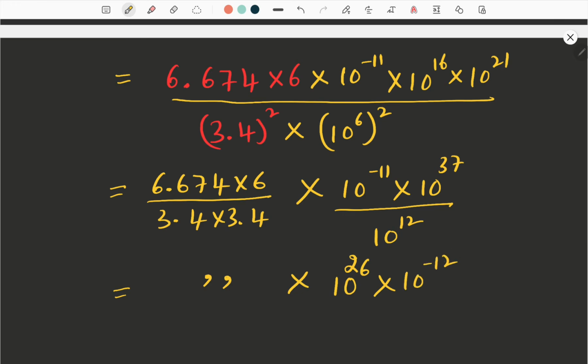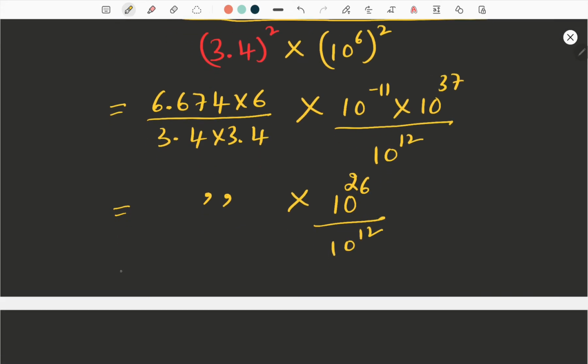Otherwise you can directly subtract that also. There is no issue with that. This above thing, 10 to the power minus 11 and 10 to the power 37, becomes 10 to the power 26, then divided by 10 to the power 12 is there. Now how are you going to do this? These numbers will be carried forward, into 10 to the power 26 minus 12. That is like 6 minus 2 is 4 and 2 minus 1 is 1.